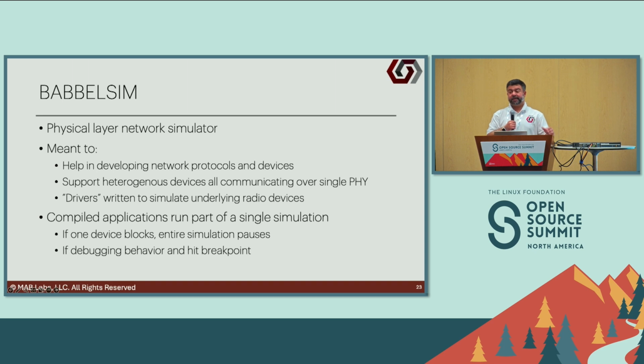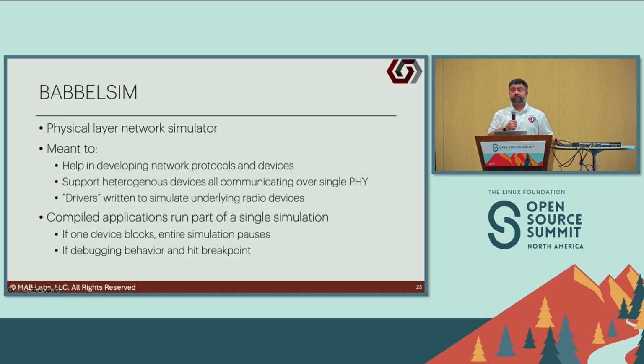You want to make sure that in different scenarios, your software accommodates different topologies, et cetera. Certain drivers are written as part of BabbleSim that simulate and emulate the underlying radio devices.